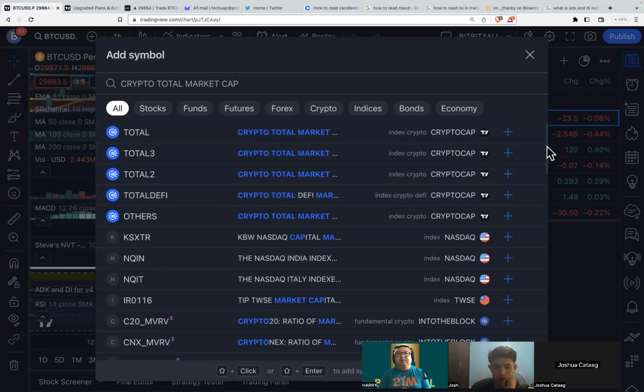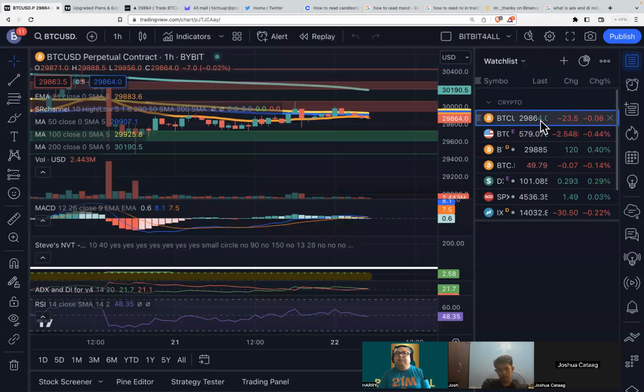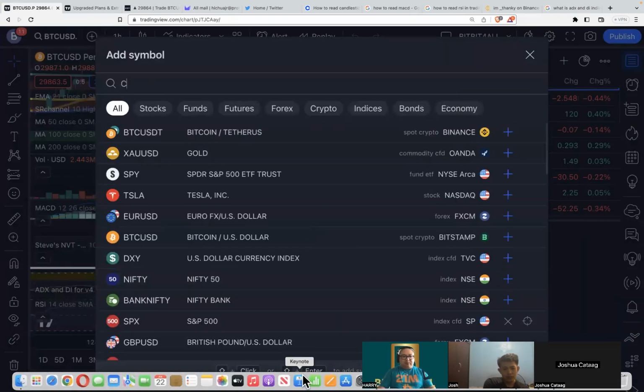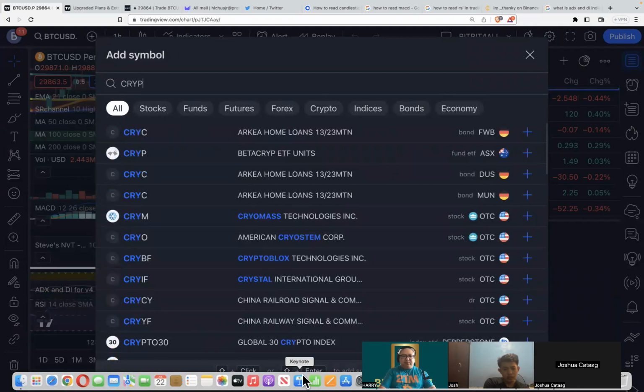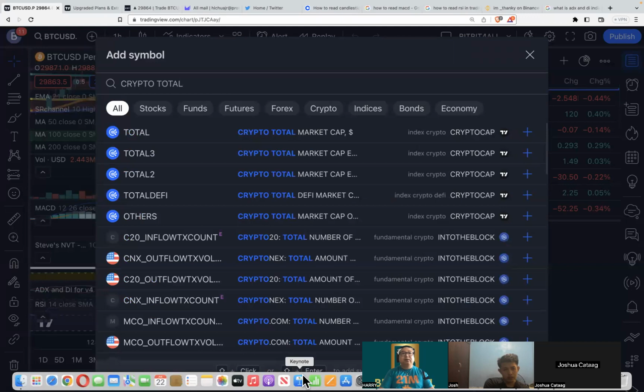Is it added? Hindi yata. So, crypto, that's how you search total market cap.